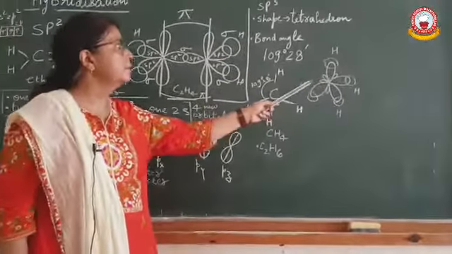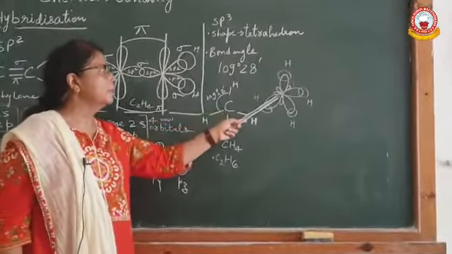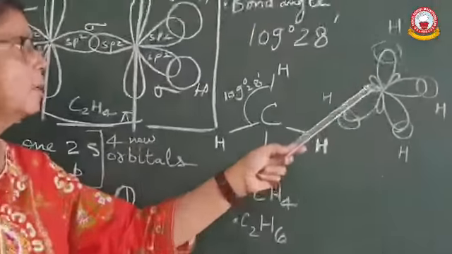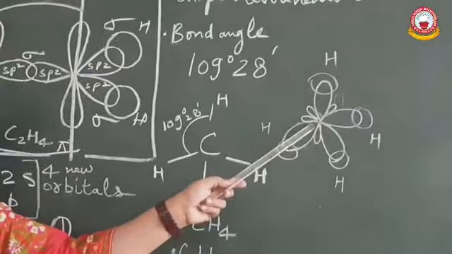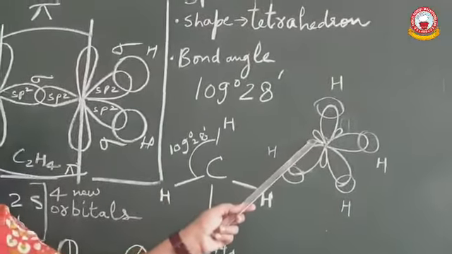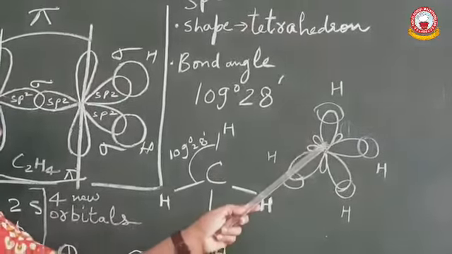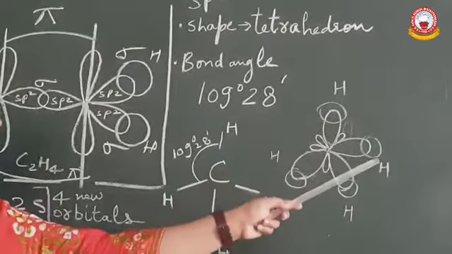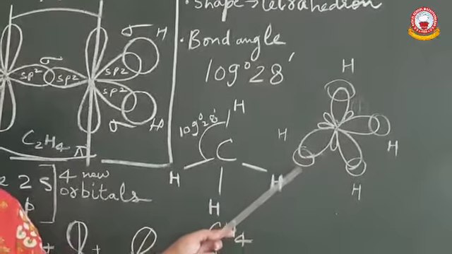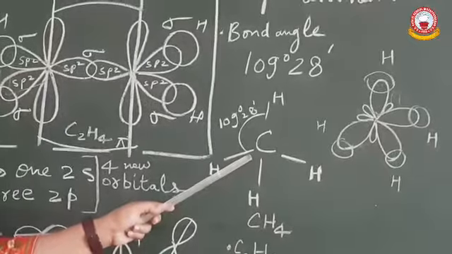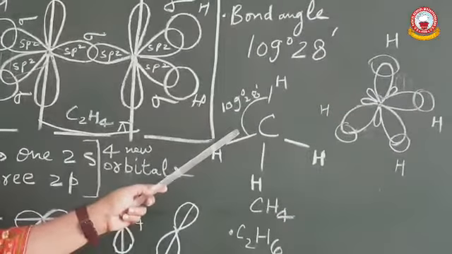Just see here children, this is the orbital. It will look like this, the shape of the orbital obtained after mixing. You will be seeing one larger lobe and one smaller lobe, and this is carbon and it is bonded to 4 hydrogen atoms. This is also a representation of methane to show you the bond angle.